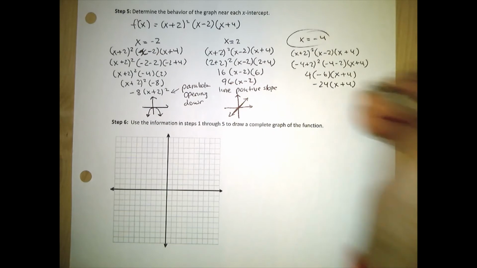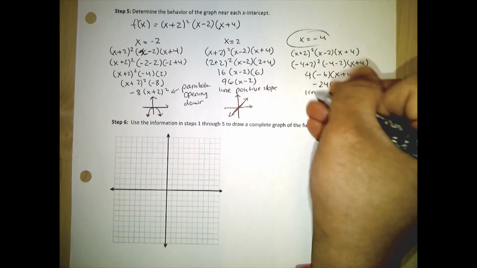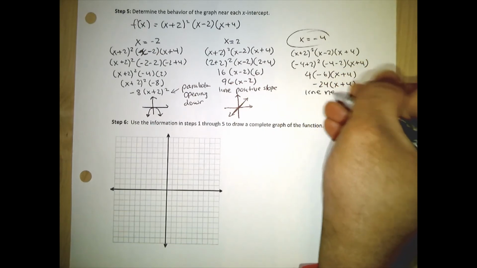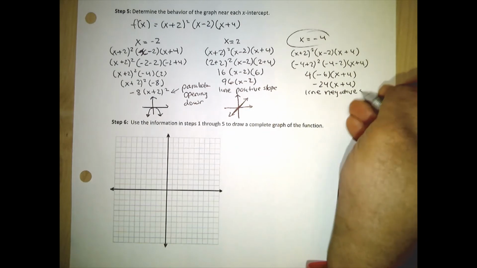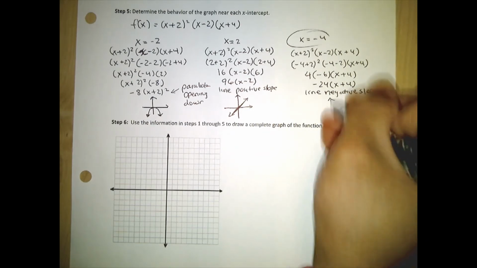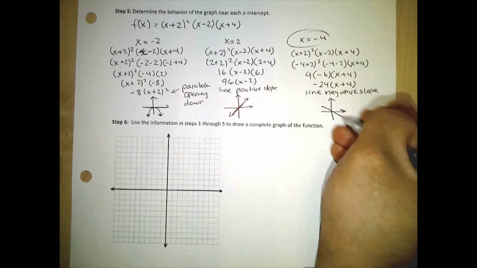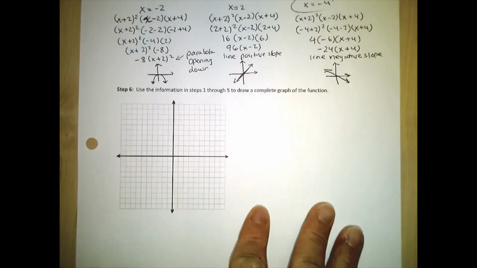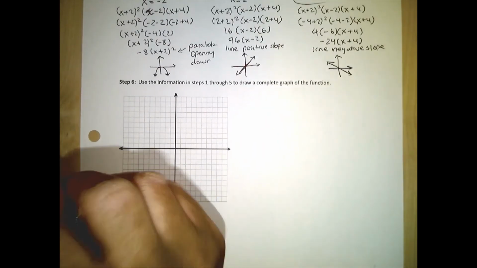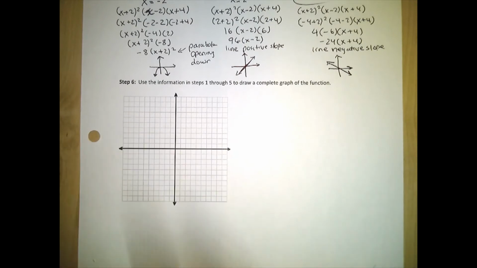So −24(x + 4). And this is a line with a negative slope. So that will look something like this. And now I'll use all the information in steps 1 through 5 to draw a complete graph of the function.